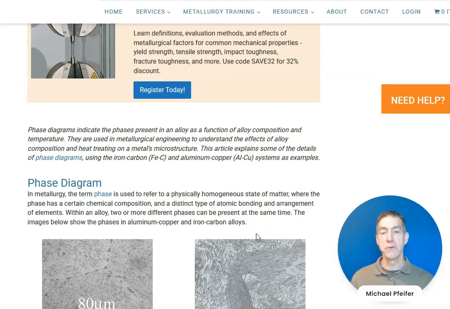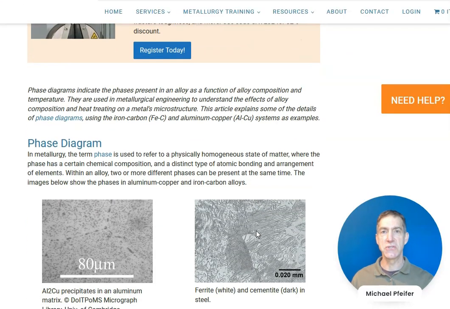A phase refers to a physically homogeneous state of matter. In metals, a phase is a combination of the elements present in a metal. It could be an alloying element in the main metal, or it could just be the main element in the metal.